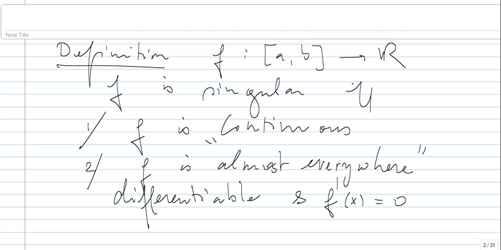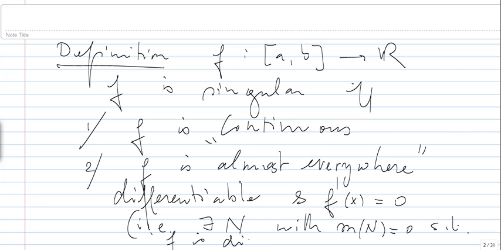What does that mean, almost everywhere? Let me give the correct definition. It means that there exists a set N with measure 0 such that f is differentiable on [a,b] minus N. Of course, N stands for negligible, so sometimes we call it negligible as well.